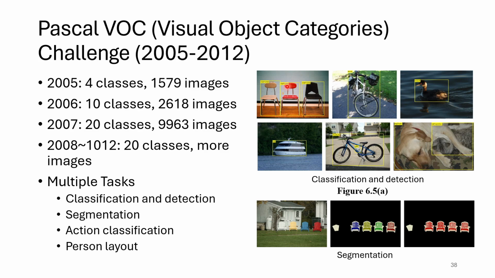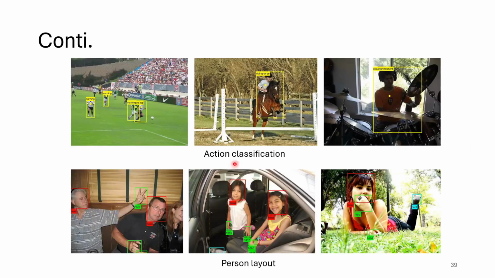In addition to classification, they also have the segmentation challenge. It means, given an image, how can you develop an algorithm to recognize or segment chairs from the image? And there is another object, I think it is a barrel or something. And what is their action classification?